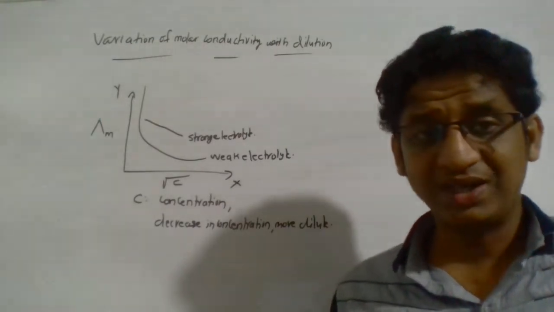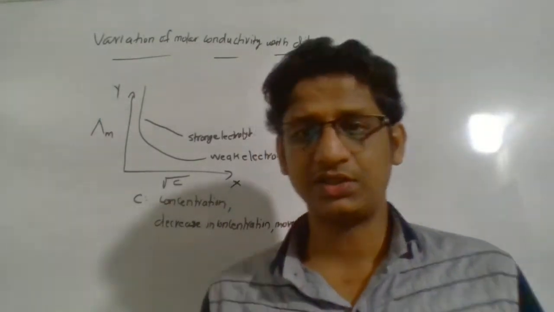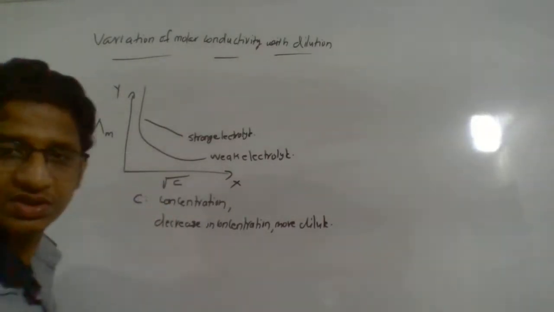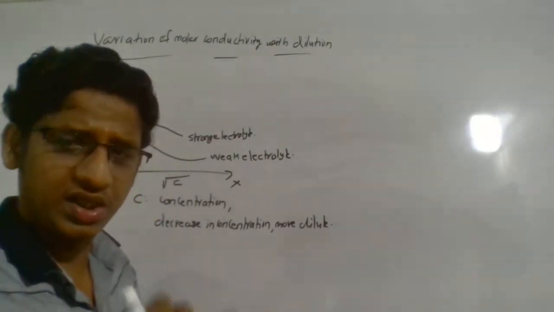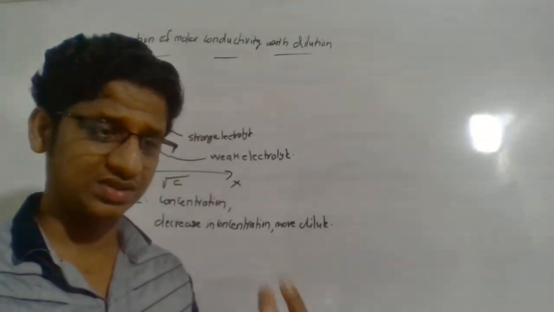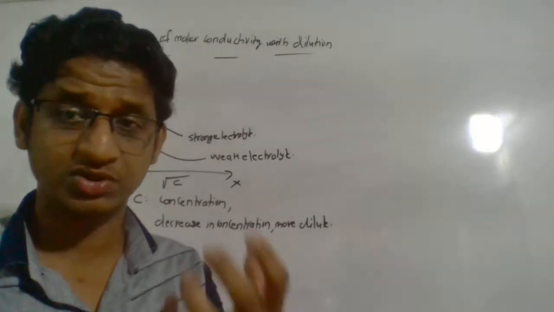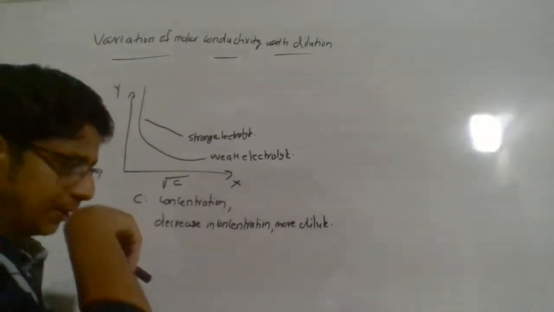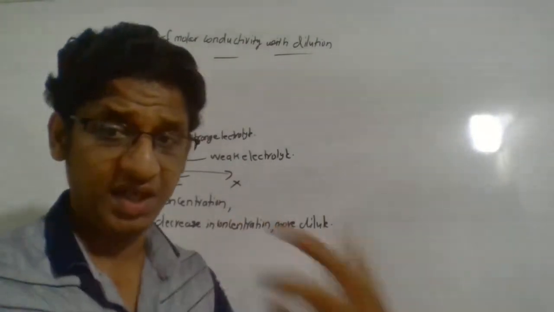Okay, now let us think. This is now a graph from which you imagine a zero concentration. You dilute it, dilute it, dilute it, so much diluted that you can say the concentration of the electrolyte is almost nil at zero concentration, or we will say infinite dilution.